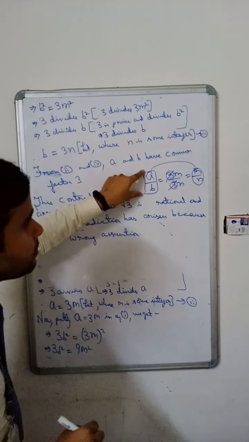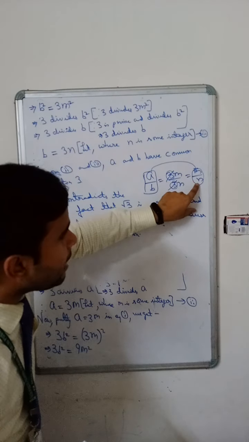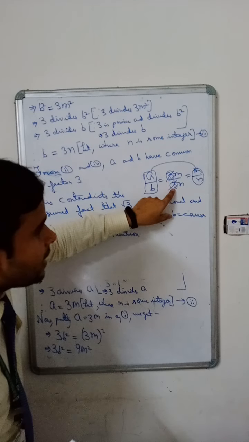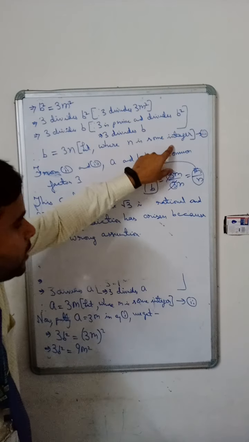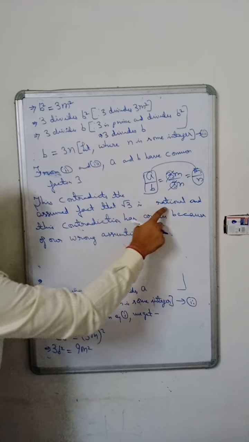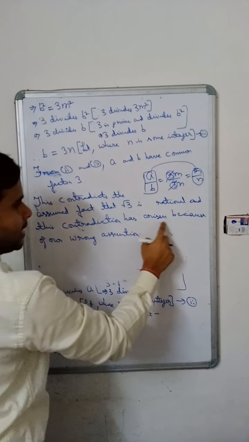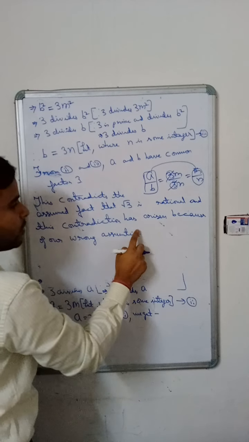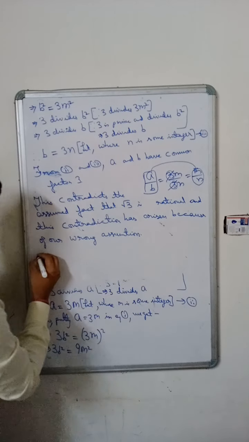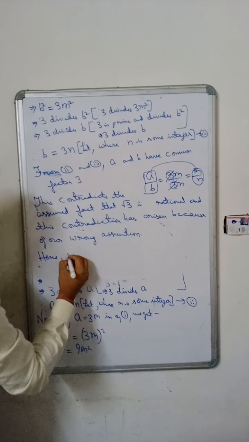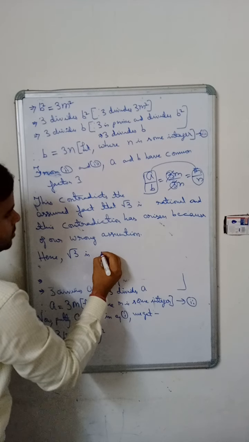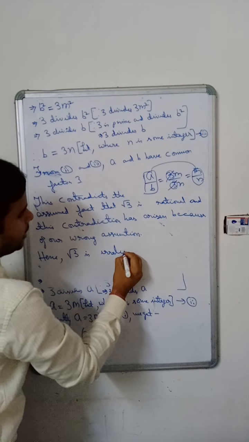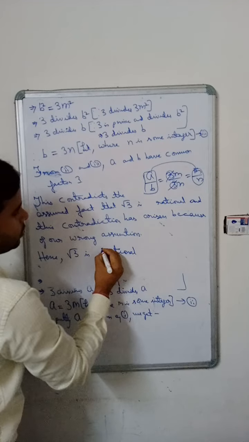They can be further reduced and written in the form m by n, where 3 is a common factor we have proved in number 2 and number 3. So root 3 is rational, and this contradiction has arisen because of our wrong assumption. Hence, root 3 is irrational. Hence, we have proved that root 3 is irrational.